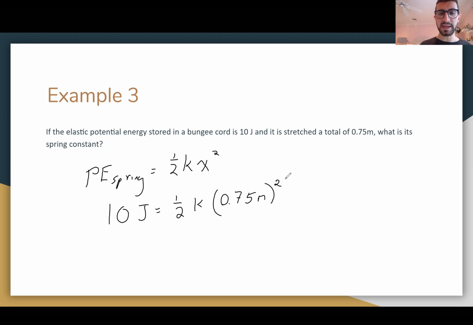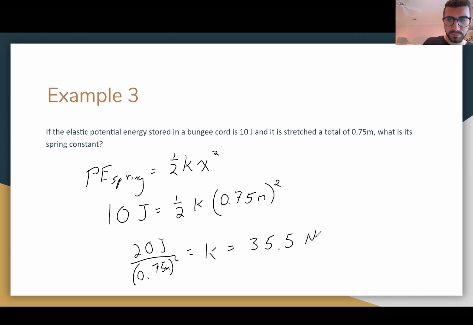If we multiply both sides by 2 to get rid of the 1/2 and divide by 0.75 squared, we get 20 joules divided by 0.75 squared meters squared is equal to k. And our final answer is 35.5 newtons per meter.